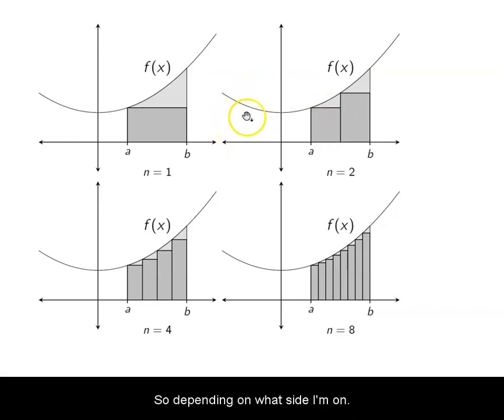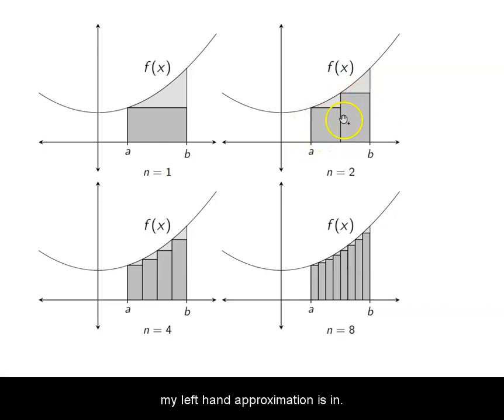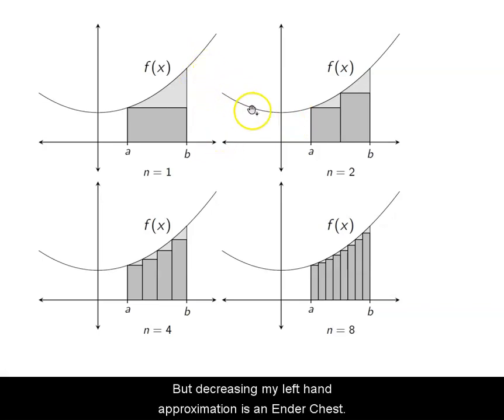So depending on what side I'm on and the concavity, whether I'm decreasing with my concavity or increasing with my concavity, I'll either be an overestimate or an underestimate, right? So here I'm concave up and increasing, so my left-hand approximation is an underestimate. When I am concave up but decreasing, my left-hand approximation is an overestimate.